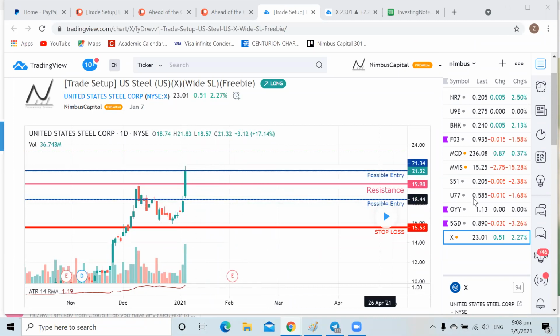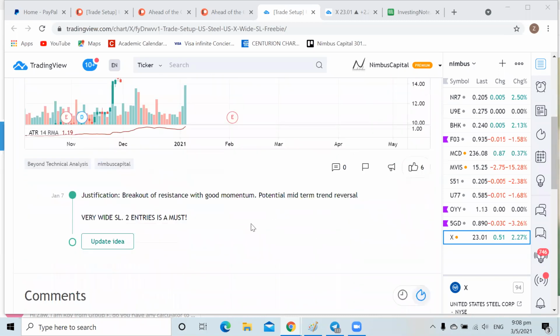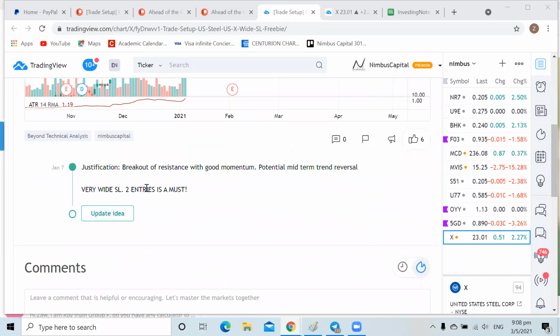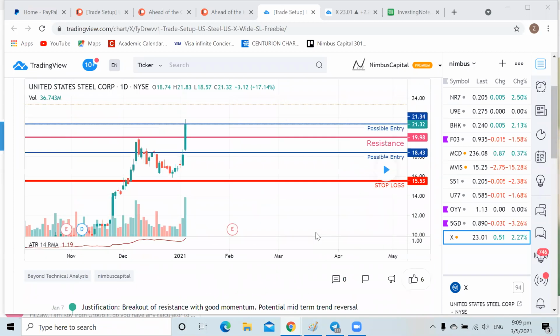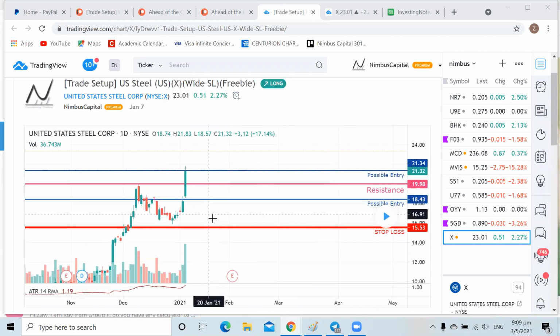The current price at that time was 21.34, but the stop loss is at 15.5. So it's about $6 down, which is considered quite wide. Whenever there's a wide stop loss, I would recommend a second entry. There will always be a second entry coming up, because should the price retrace lower, you want to get the second entry in there also.